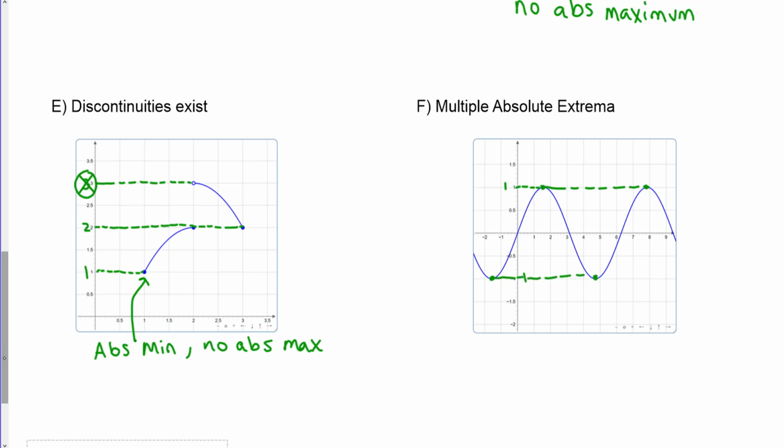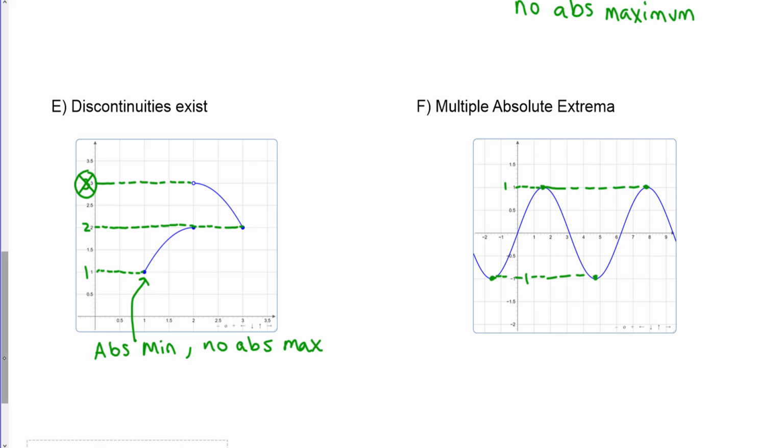And so what's happening here is we have the same values of relative extrema over and over again. So this is a rare case where you have something that's tied for highest or tied for lowest.